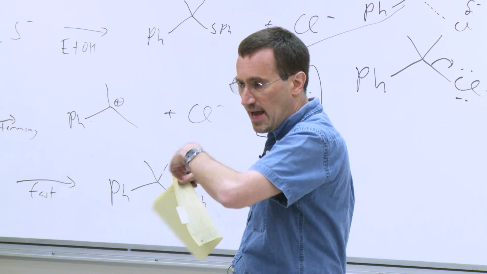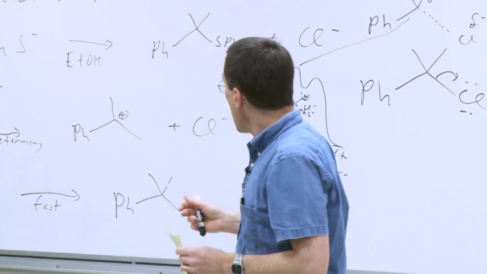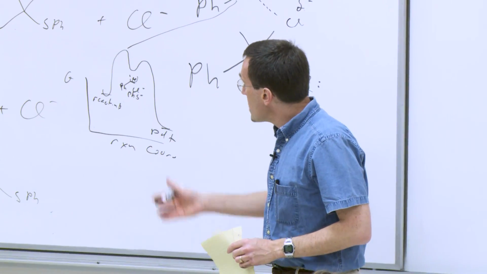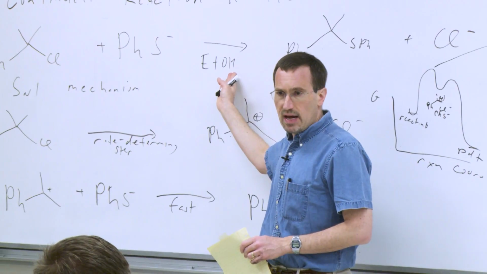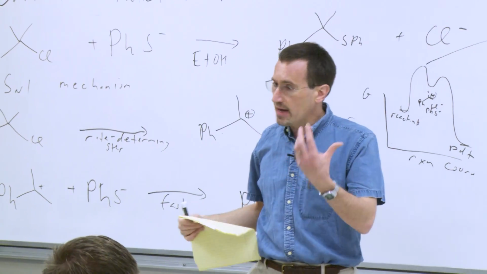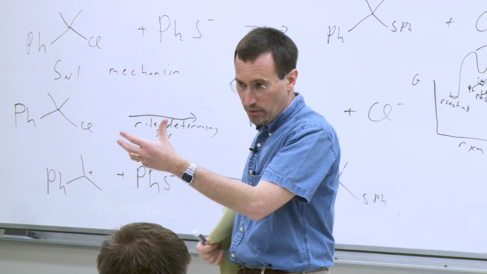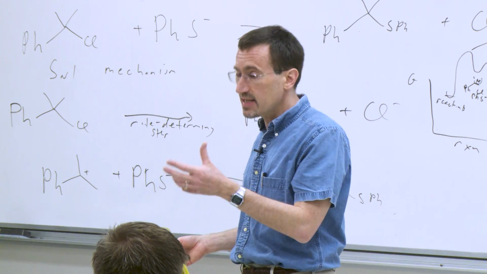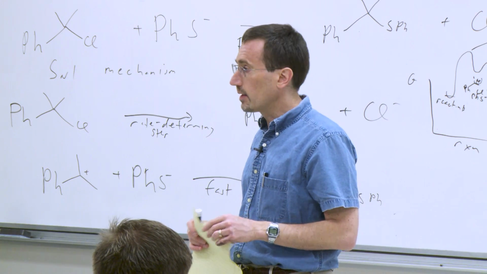We're developing entropy as we go from one molecule to two, and so that is also favored by heat. So typically for a reaction like this, it might go slowly at room temperature, but maybe at, say, 60 degrees Celsius or 70 degrees Celsius, or in refluxing ethanol at 78 degrees Celsius, it would proceed more rapidly.